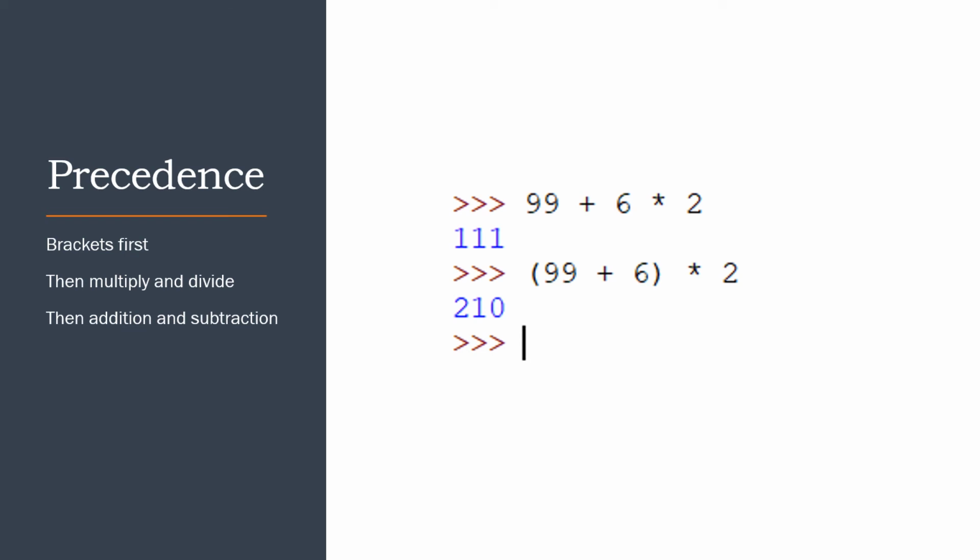But in the second expression, I've put brackets around 99 plus 6, so the computer works that out first, 105, and then multiplies the result by 2, 210. So the computer always does any part of the expression that's in brackets first, then any multiplication and division, and then finally any remaining addition and subtraction.